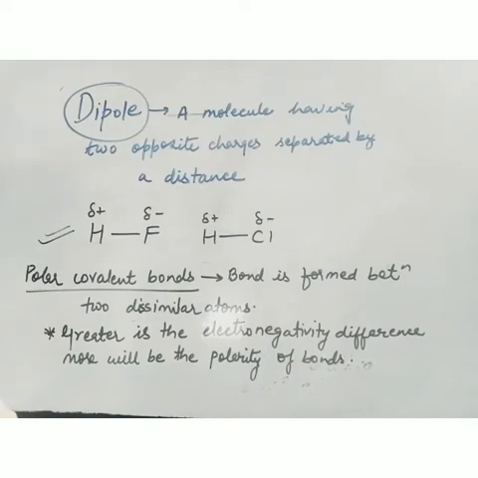Now how to calculate its value? Suppose I have polyatomic molecules like CH4, water, NH3. How to calculate the polarity? This polarity is measured in terms of a vector quantity, and that vector quantity is dipole moment.